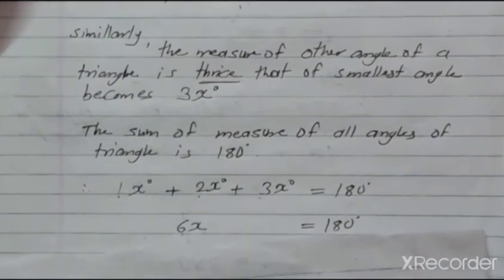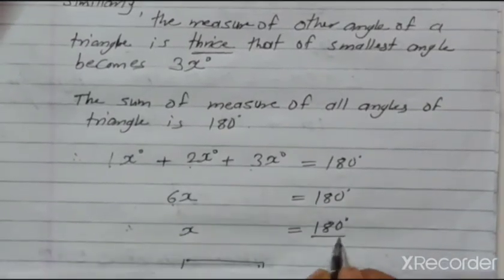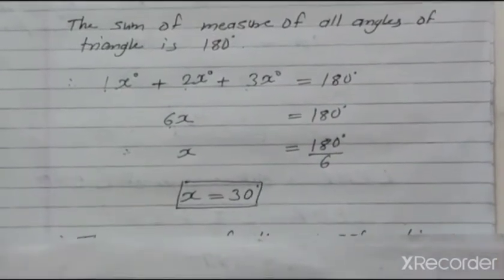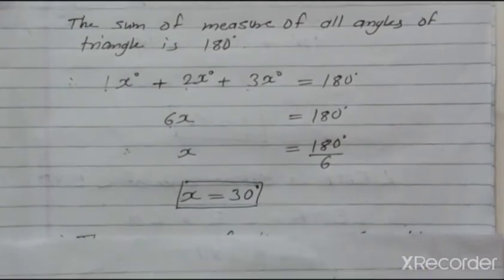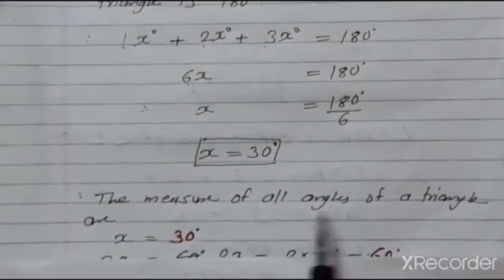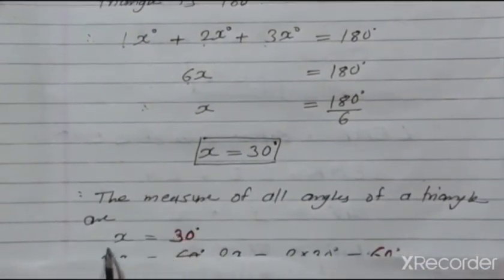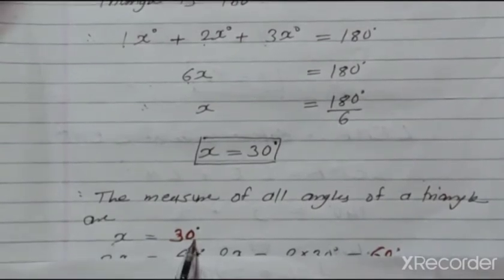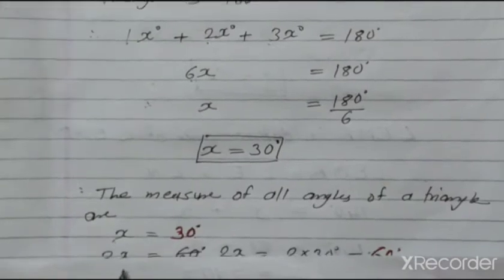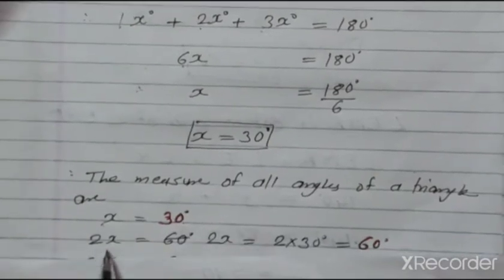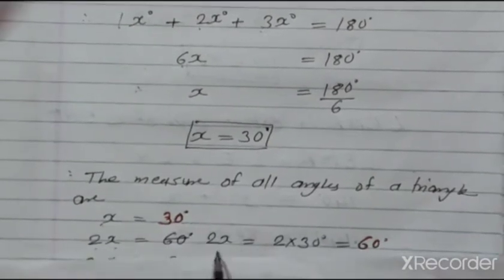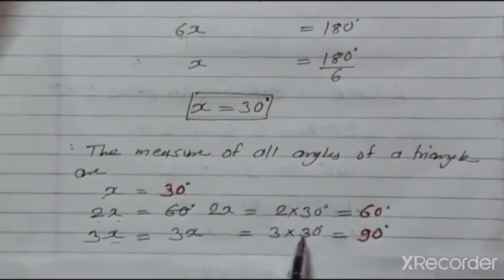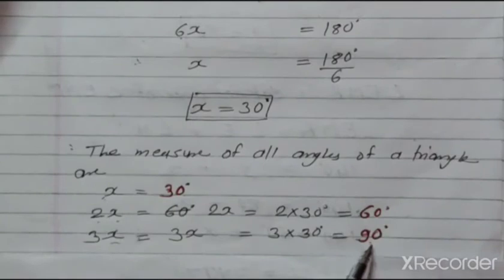Take this 6 to the other hand side, it will get divided, and after division the value of x is 30 degree. Now the measures of all angles of this triangle are: the first angle, the measure of the smallest angle, is 30 degree. The next angle which we considered 2x will become 60 degree, and the last angle has measure 90 degree.